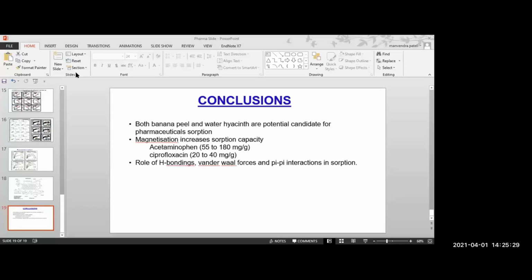The results are not shown here, but they are going to be published soon in a communication in a journal, so they will be available online soon. This shows that these lower temperature biochars are much less efficient in sorption of these pharmaceuticals, ciprofloxacin and acetaminophen, as compared to the sorption capacity at 750 and 650.